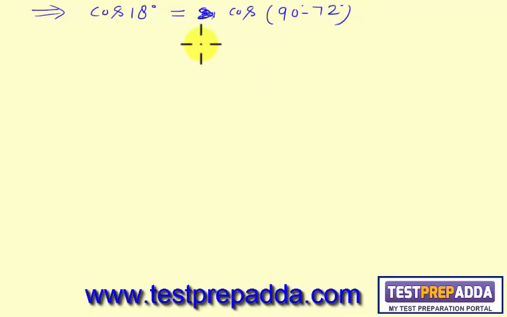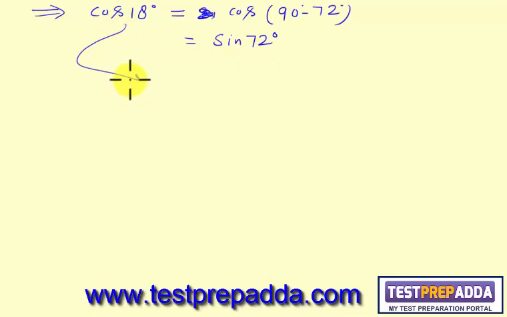Cos of 90 minus something gets converted into sine, and since 90 minus theta is in the first quadrant, the cos value will be positive. So cos 18 degree comes as sine 72 degrees. So both will have the same value. Got it?